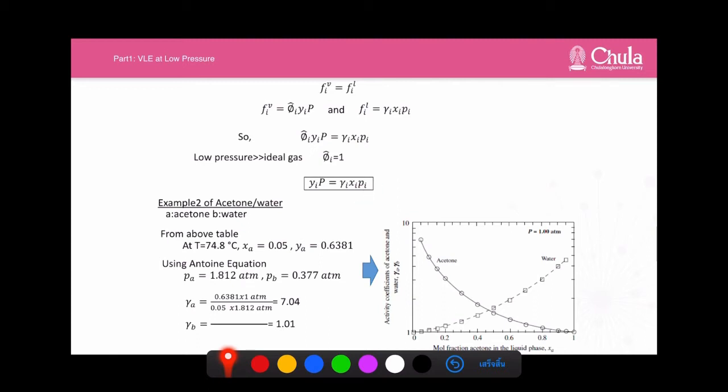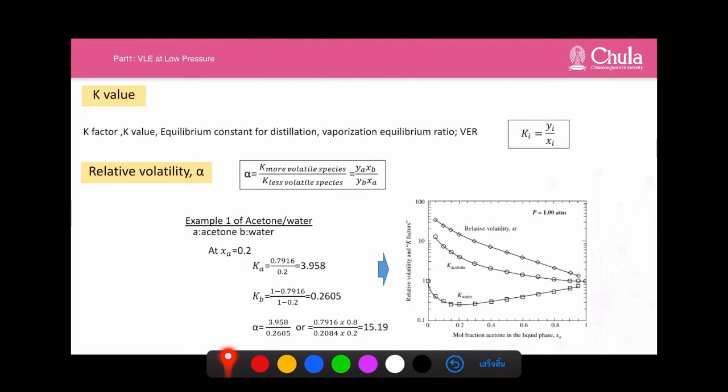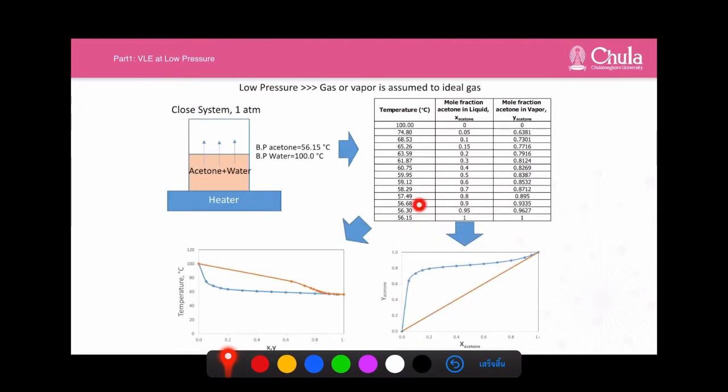And Pi sat is the vapor pressure of pure component i, right? So from this data we know the temperature of the system, right, of the vapor liquid equilibrium. So at each temperature we can calculate the vapor pressure by using the Antoine equation.